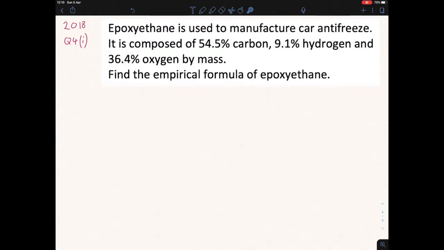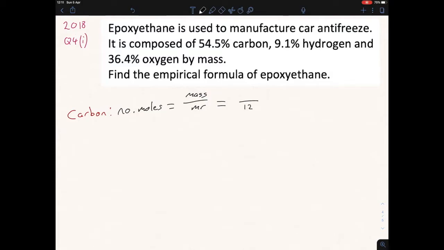So all we're going to do is split that up, and we'll start off with carbon. We'll do what we normally do for these: calculate the number of moles. Number of moles equals mass over mol. If you look at your periodic table, you'll see the mol of carbon is 12.